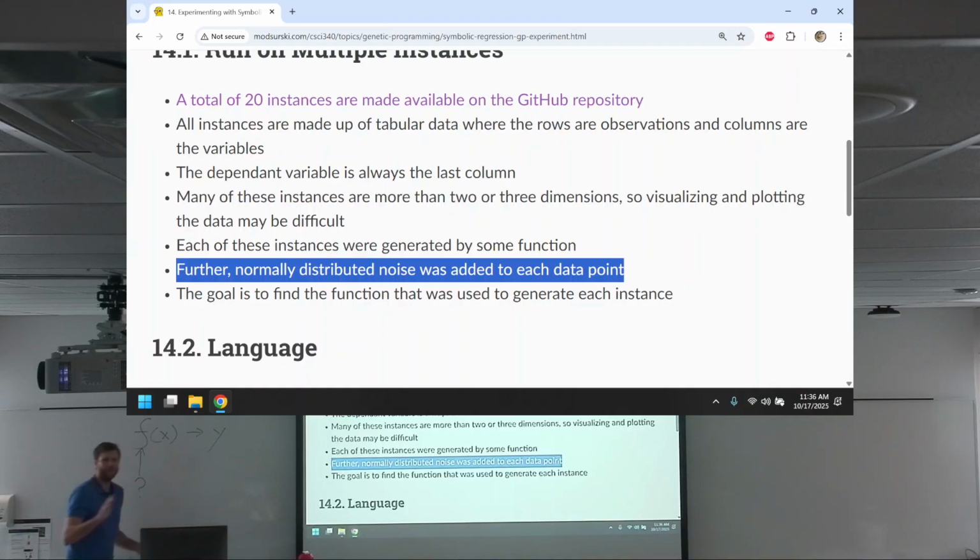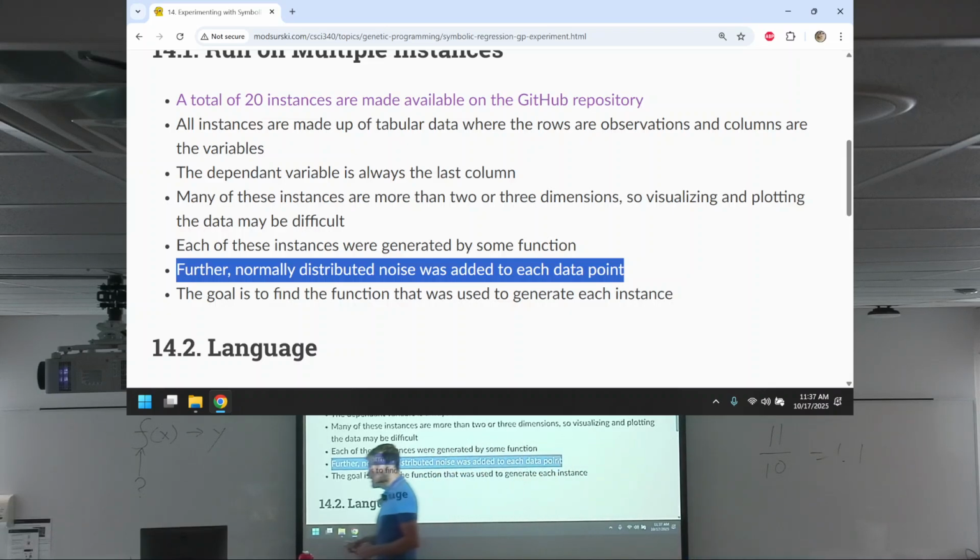Even if your GP language didn't include floats as constants, your GP system could try to figure it out by doing something like, I'm thinking of 1.1, right? It could do 11 divided by 10, right? So it can still create floats, but it's got to go out of its way to do so.